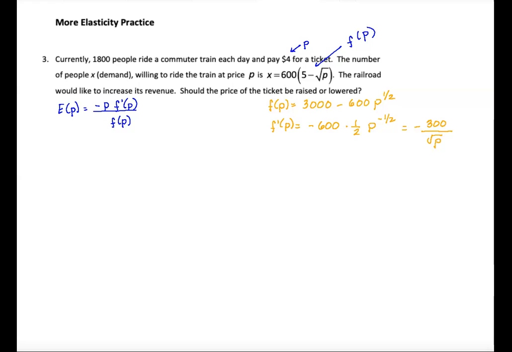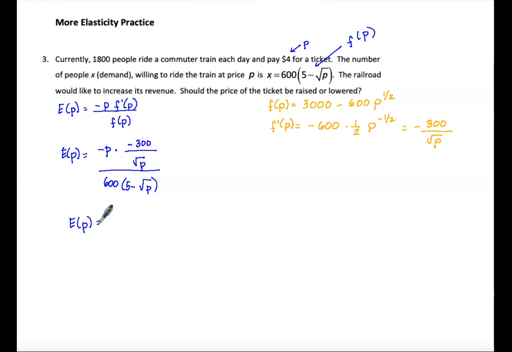All right. So now our E of P would be equal to negative P times F prime of P, so that's negative P times negative 300 divided by square root of P, over F of P, which is 600 times (5 minus square root of P). Now, how do we simplify this?